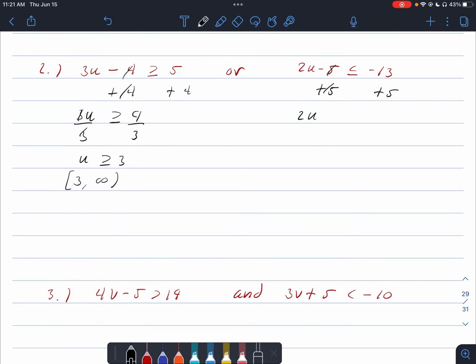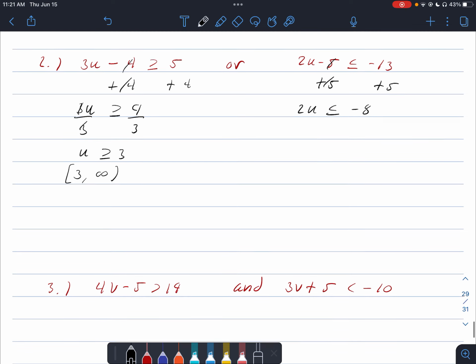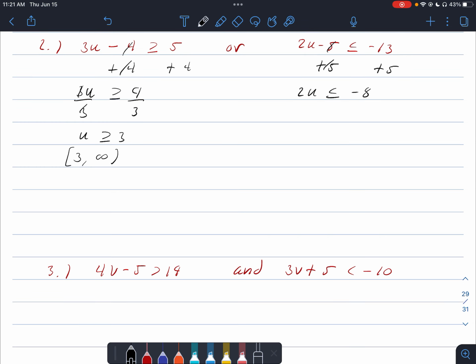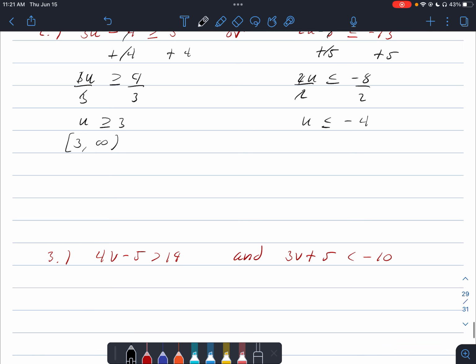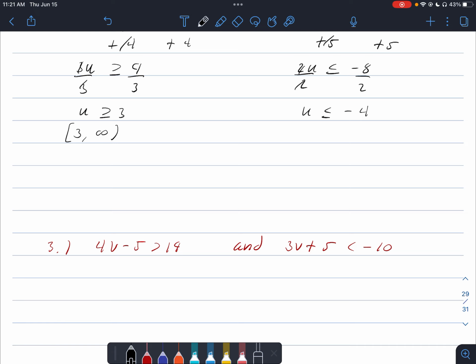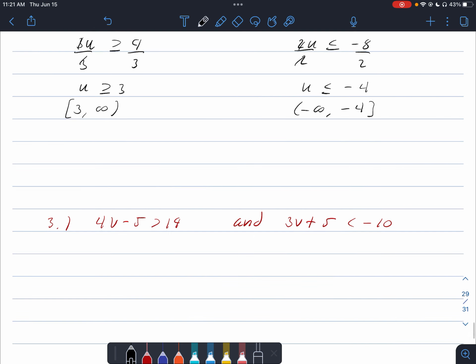Over here, we can add 5, and we'll get 2u is less than or equal to -8. Okay, we can divide both sides by 2, and we have u is less than or equal to -4. So we can write this one as -infinity to -4, where we include -4.